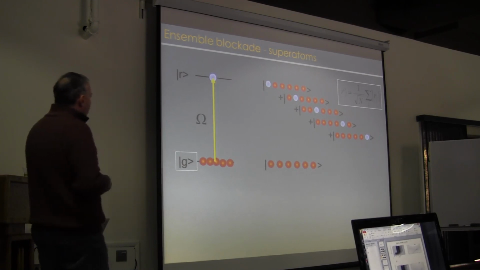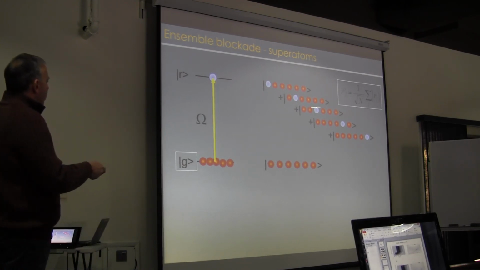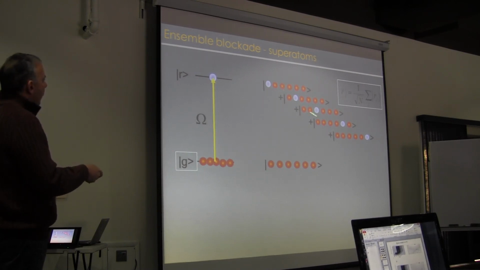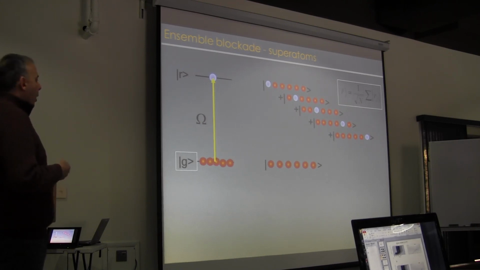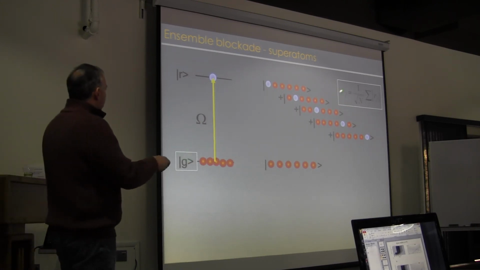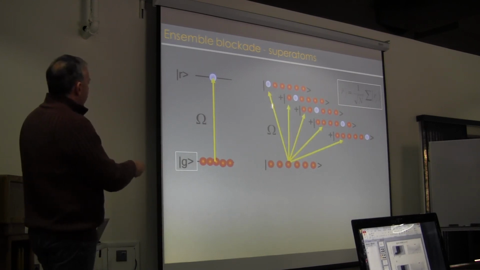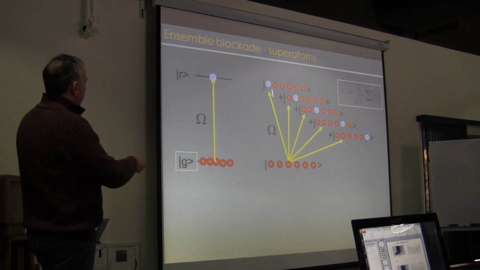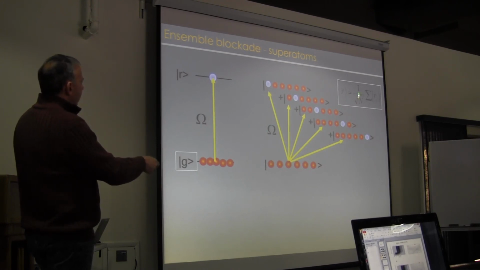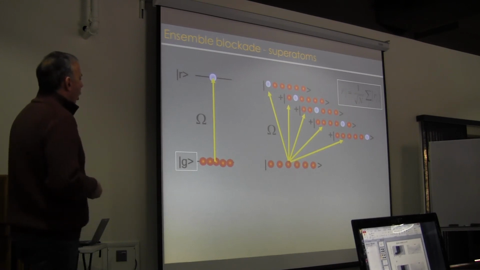Okay. So I can think about a two-level system where one level is all atoms in the ground state, and the other level is this superposition state of one of the n atoms being Rydberg excited. What is the Rabi frequency for coupling between these two states? So each one of these kets couples with a Rabi frequency omega, but there's a superposition of these in the total state, which I'm calling R bar.